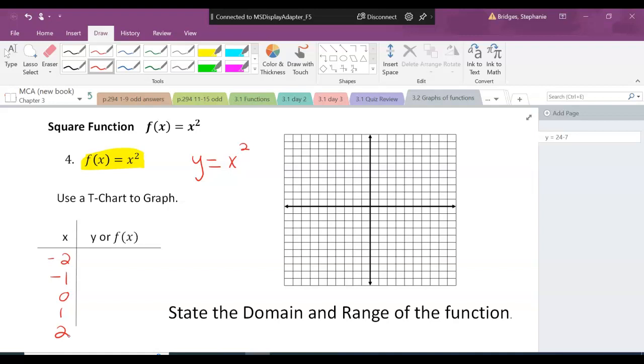And you can also kind of see what the quadratic should look like. It's going to be like this, kind of like a U. That's called a parabola.